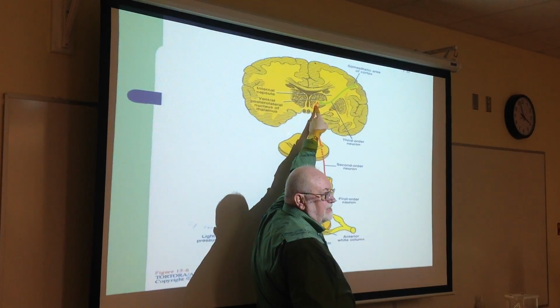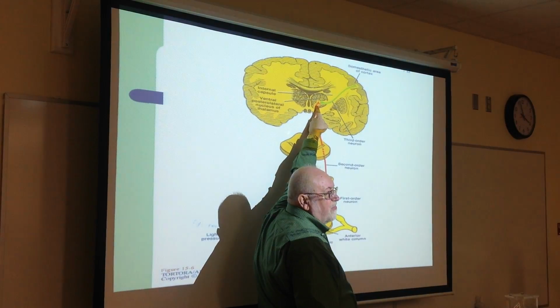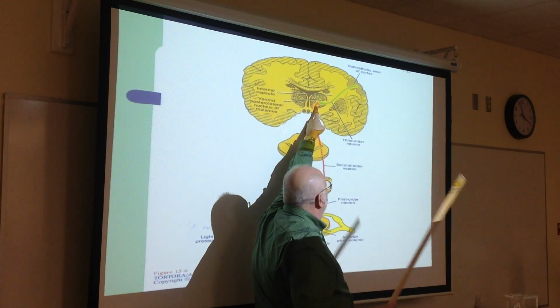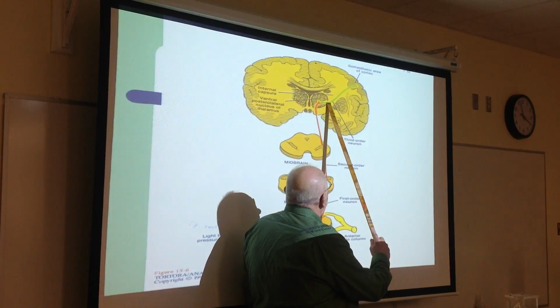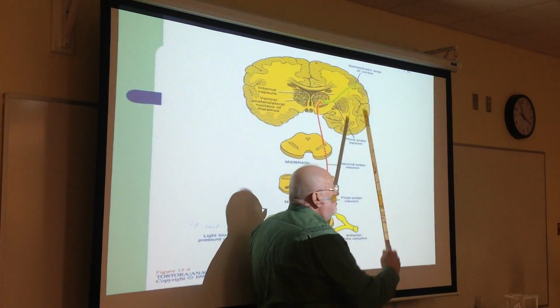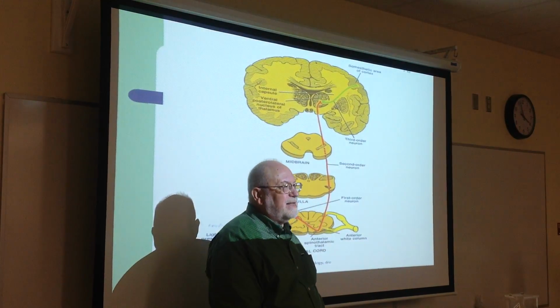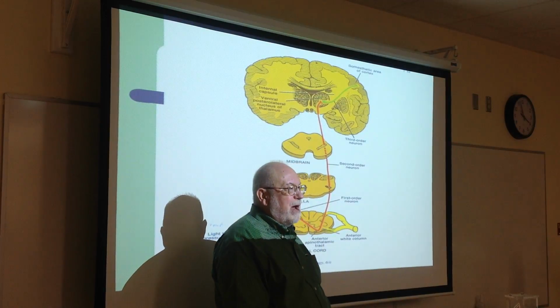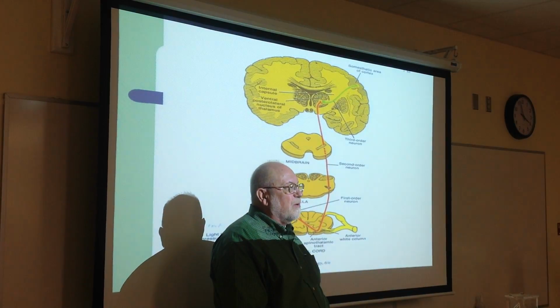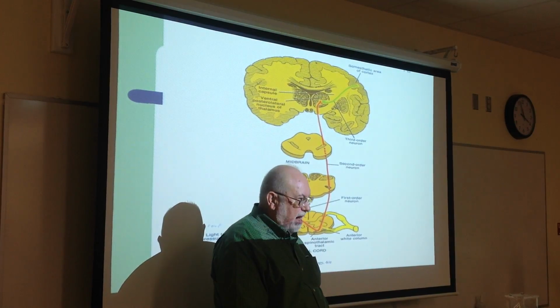There it ends, where it synapses with a third neuron that carries the impulse out to the primary sensory cortex where it can be interpreted and localized.